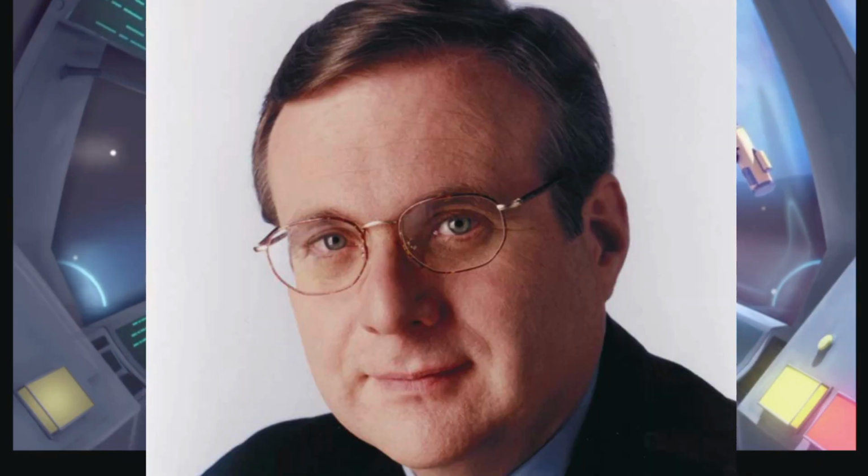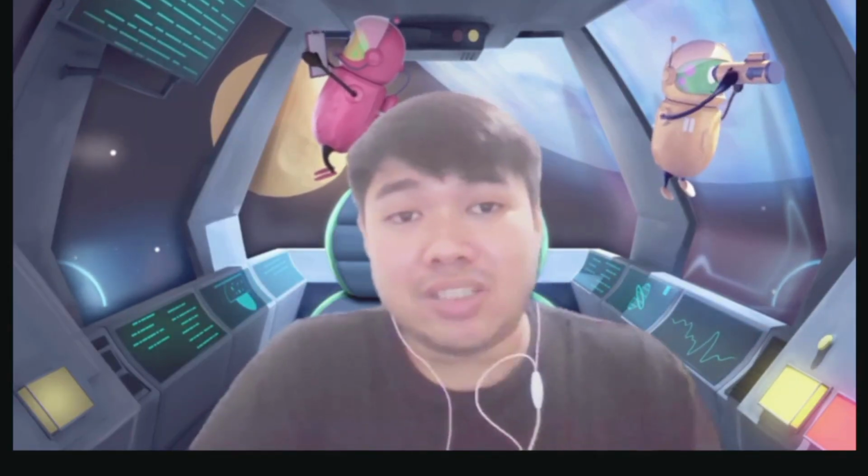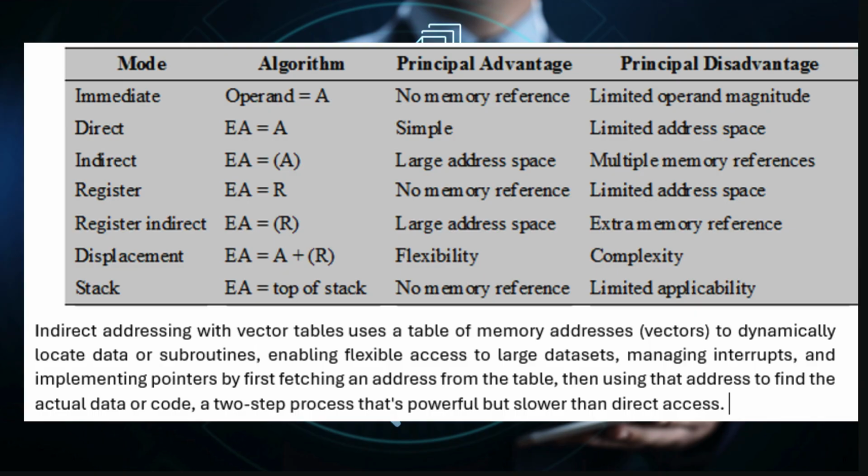Next we have indirect addressing and vector tables, one of the most powerful features introduced in this era. In basic direct addressing, an instruction tells the CPU exactly where the data is. But in indirect addressing, the instruction points to a memory location that contains another address.